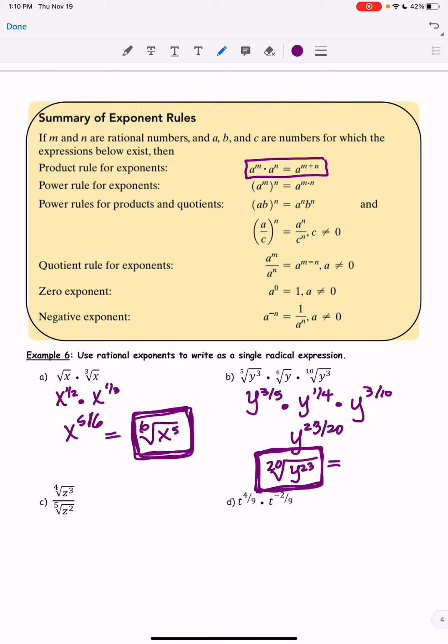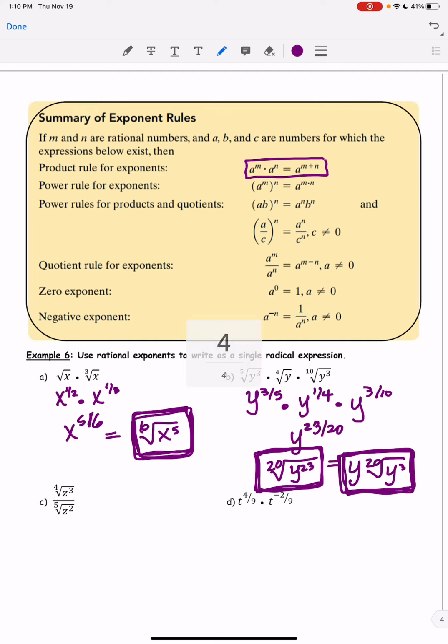So 20 goes into 23 one time, and so 1y comes out, and then that leaves you with a remainder of 3. So y cubed. Okay, this is probably more proper because it is fully simplified, but they're both the same. So again, 20 went into 23 one time, so 1y came out. And then that leaves you with 3 y's as a remainder, and it just stays to the 20th root.